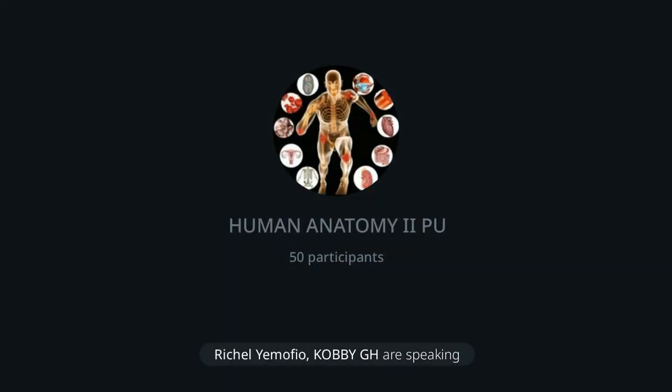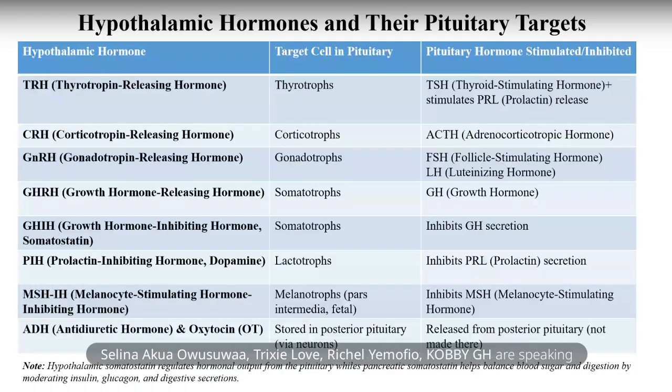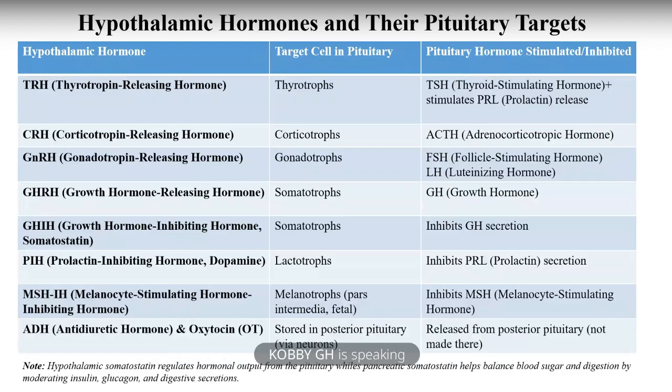Okay, what gland produces oxytocin? The posterior pituitary gland. Hey, who said posterior? We are using produces. Sorry. Hypothalamus.